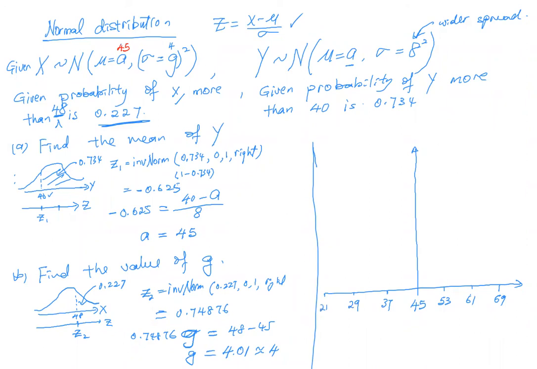And you look at the spread. The one with the smaller spread will be taller. Standard deviation of X over standard deviation of Y is 4 over 8. That is 1 over 2. Am I right?